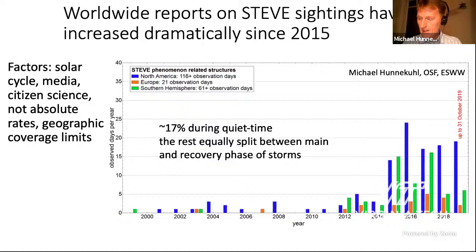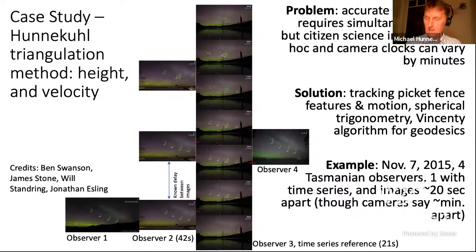As Liz also said before, I developed a triangulation algorithm that allows me to calculate heights for specific discrete elements in Steve, and especially picket fences.